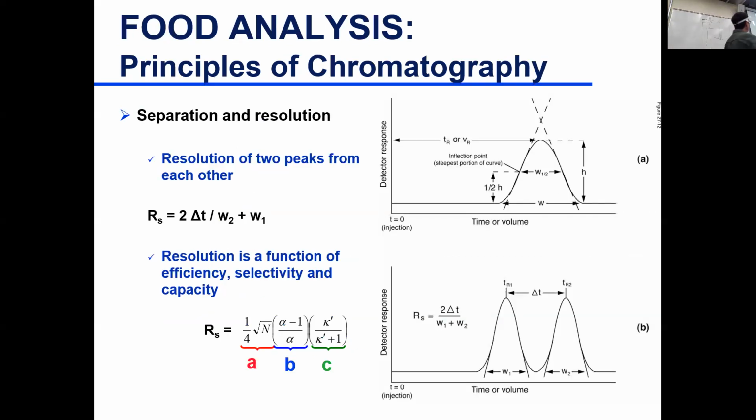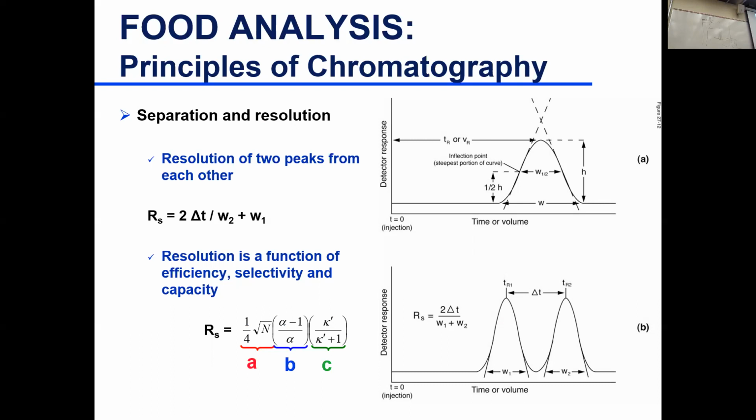Alright, so resolution of two peaks from each other is referenced here as resolution, Rs. What you see here is 2 delta T, that means the difference here. So this is peak 1, peak 2. Delta T is the time difference between two peaks.